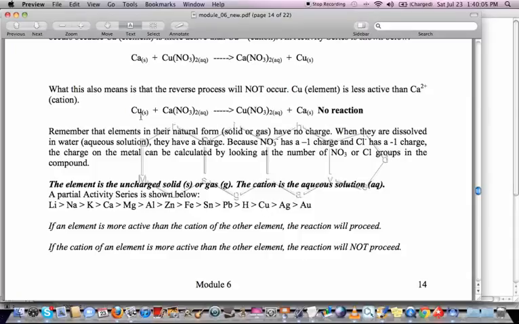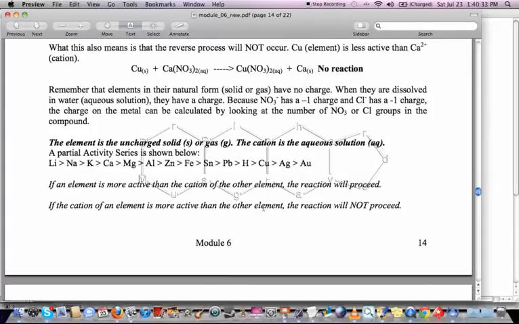So the metal is easy to identify, it's always the solid, and the cation is always easy to identify because it always has AQ next to it. So as long as the metal is above the cation on the activity series, the reaction will proceed. But if the cation is above the metal on the activity series, as it is here, this would be Ca and the Ca2+, and it's above the copper, then the reaction will not proceed.